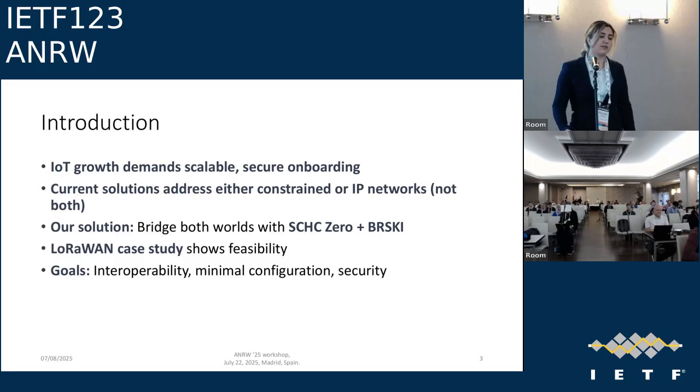And SCHC is going to make the connection between the constrained networks and the non-constrained ones. So we used LoRaWAN as a case study of the constrained networks to show that this framework is feasible. And our goals are to show the interoperability, the minimal configuration, and the security which is available in this framework.